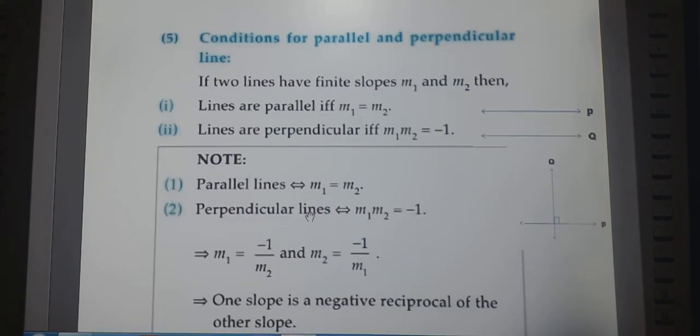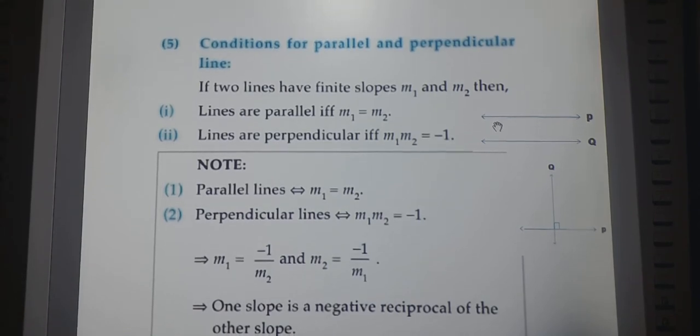Next, conditions for parallel and perpendicular lines. We know that when two lines are parallel, then their slopes are equal. When two lines are perpendicular, then their slopes product is -1. Suppose lines P and Q have slopes m1 and m2.